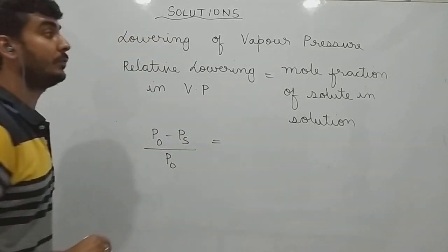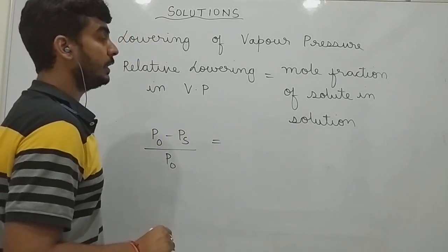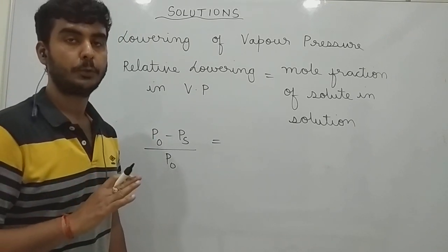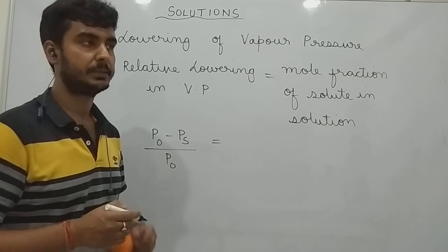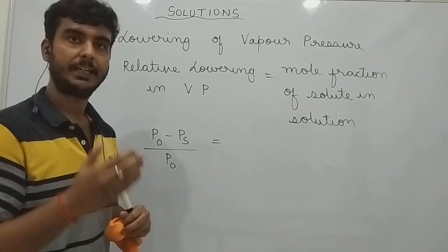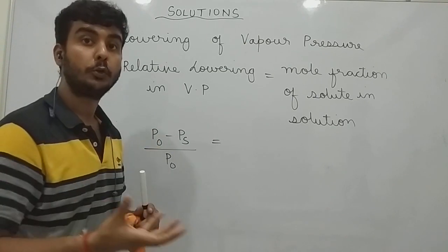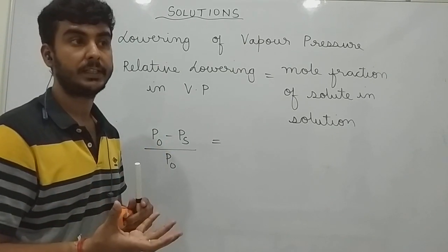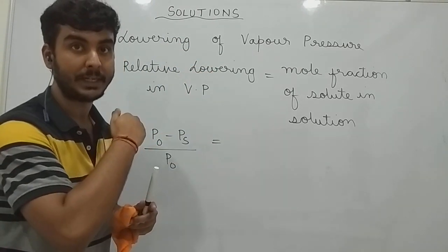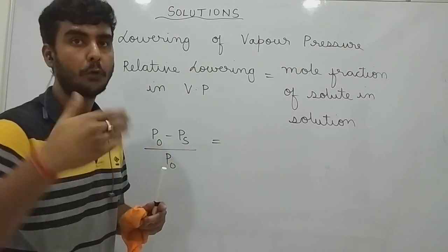Now, what will be the mole fraction of solute? I have told you that the number of moles of A and B present in the solution are Na and Nb respectively. A is the solvent and B is the solute. How do you calculate mole fraction of anything? Mole fraction of anything is equal to the number of moles of that component divided by the sum of the number of moles of all the components.